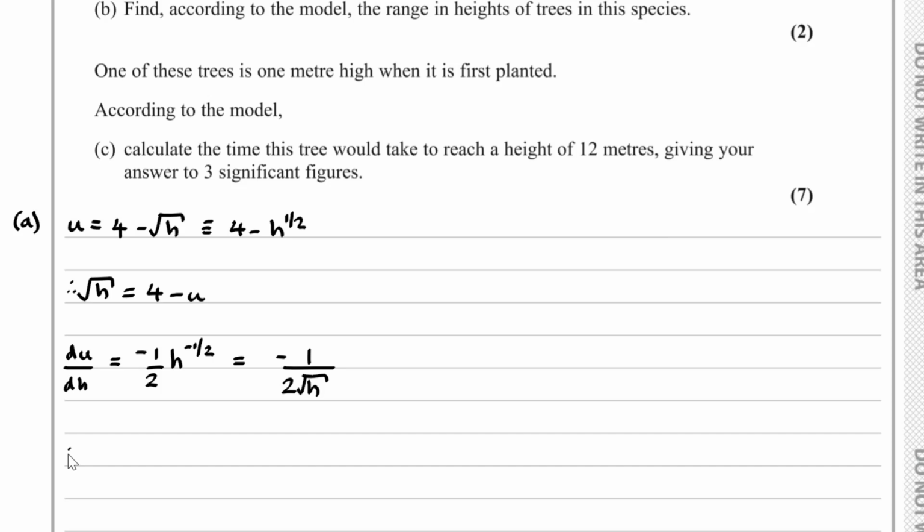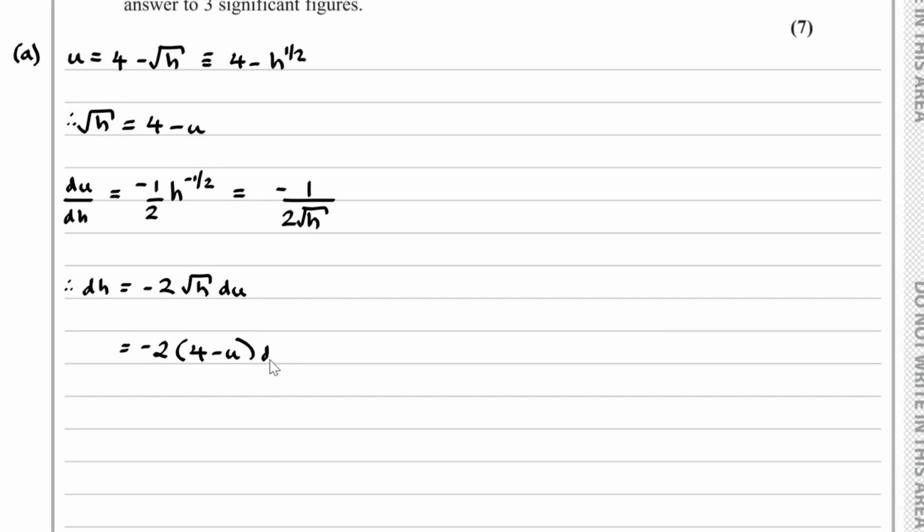And therefore dh is equal to minus 2 times the square root of h times du. We know what the square root of h is. That's equal to 4 minus u. So we have minus 2 lots of 4 minus u du.